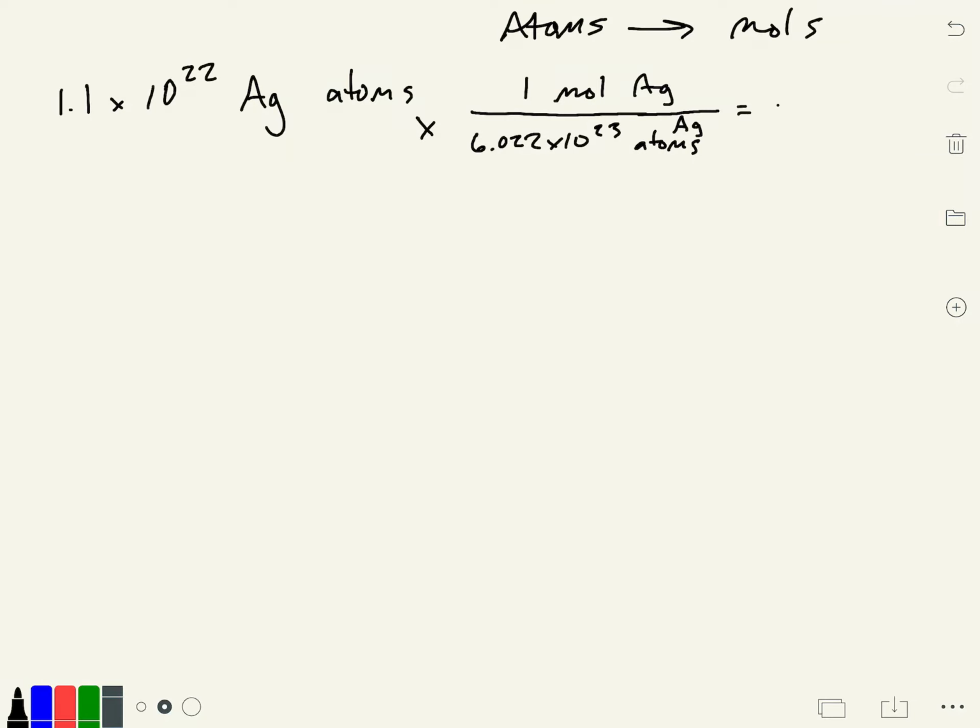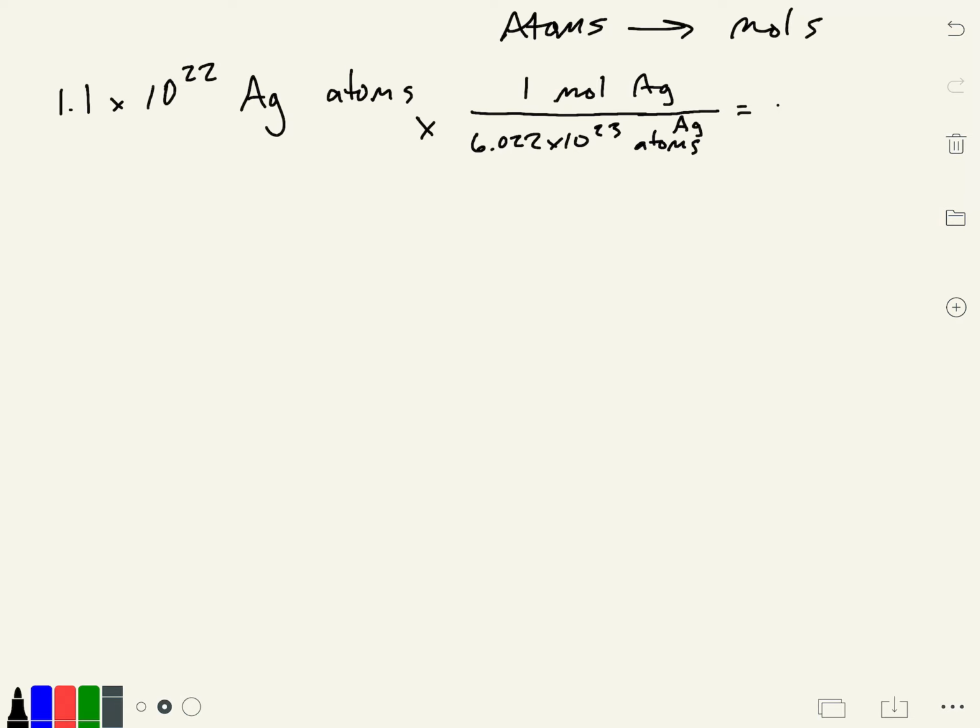Here's where you want to pause the video, see the answer for yourself, and then see if you get the right answer. If you divide this properly, you should end up with a number that is less than 1 mole. But if you do this improperly, you're going to get a number that is much, much bigger, something like 10^23 moles. It's going to be that big, which is totally wrong. It can't even be.